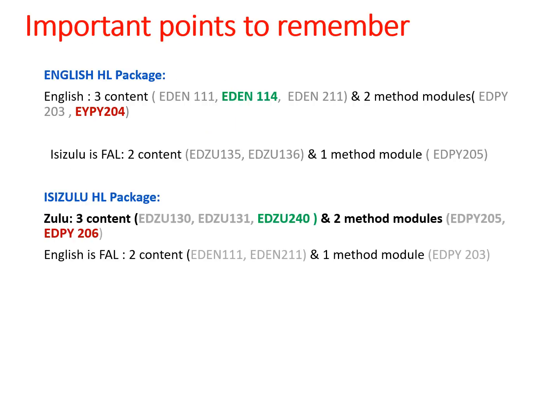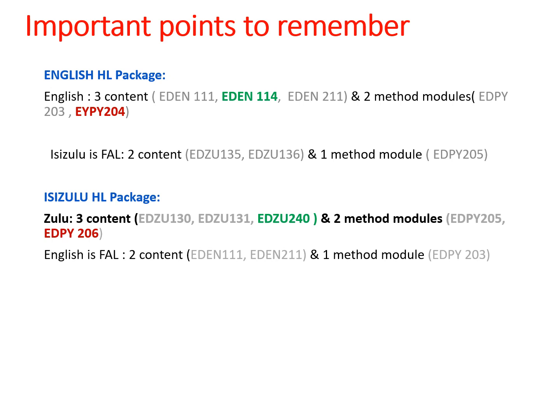A very important point to remember as a student is which language option you have selected. For example, as I mentioned previously, we offer English as home language, meaning isiZulu is taken as FAL, or we have isiZulu as home language, meaning English is your first additional language.